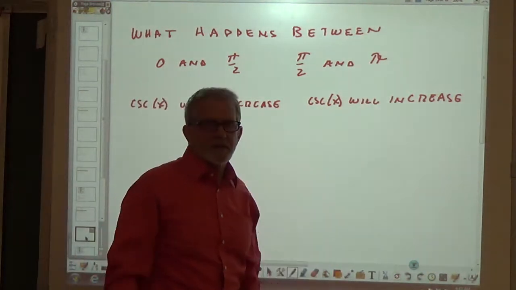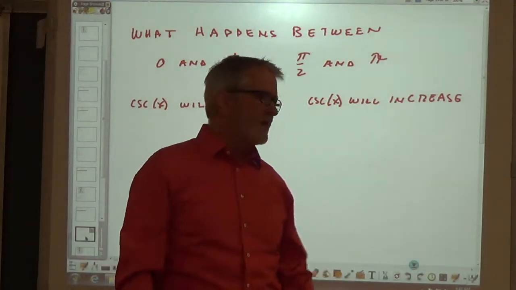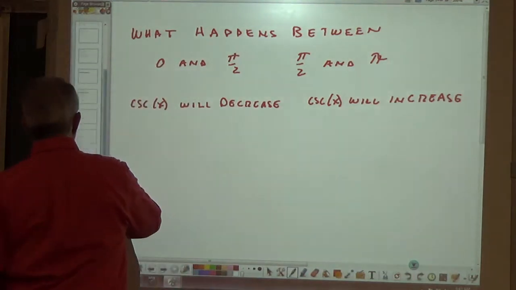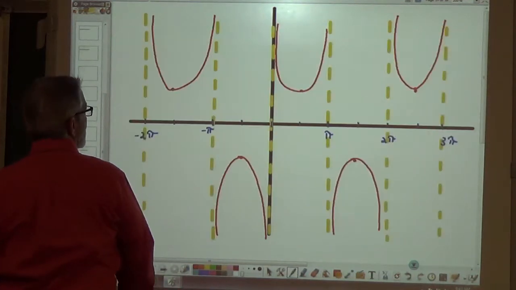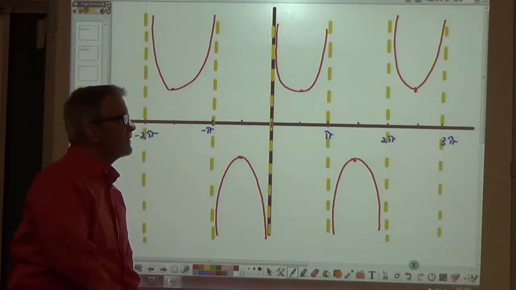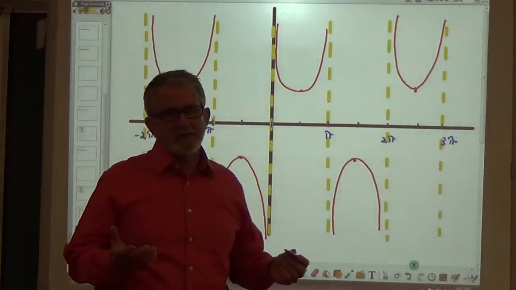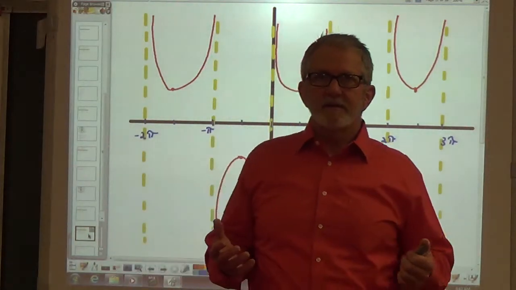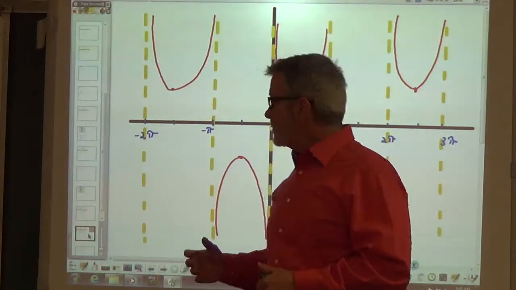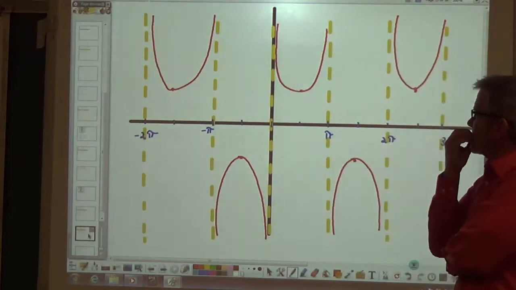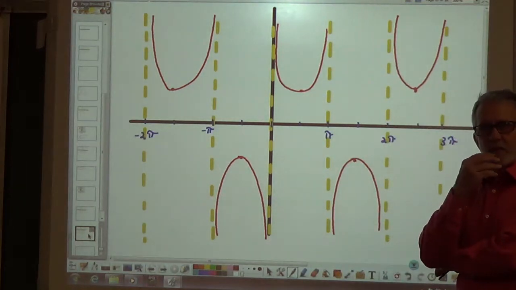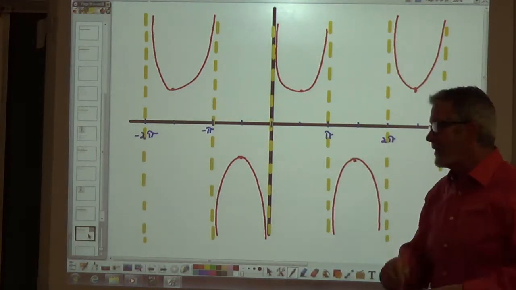This was just the discussion that I just had. So now we have a pretty good graph. We have a pretty darn good graph of cosecant right there. And what do we want to do? From the very beginning, we had to investigate to find the range of this graph. So if you look at that, what is the range of this graph? With the range, what are all the possible y values?